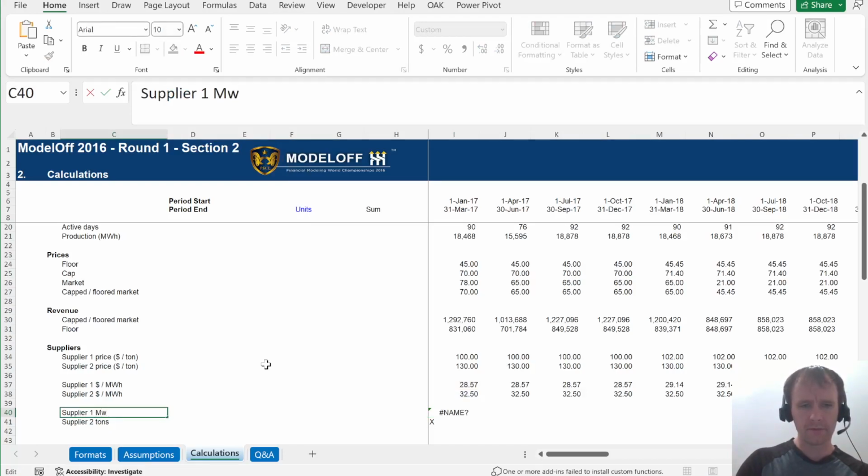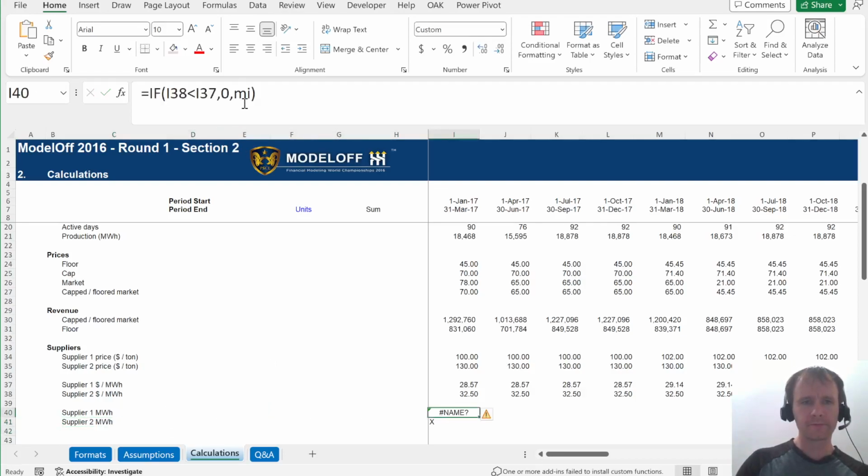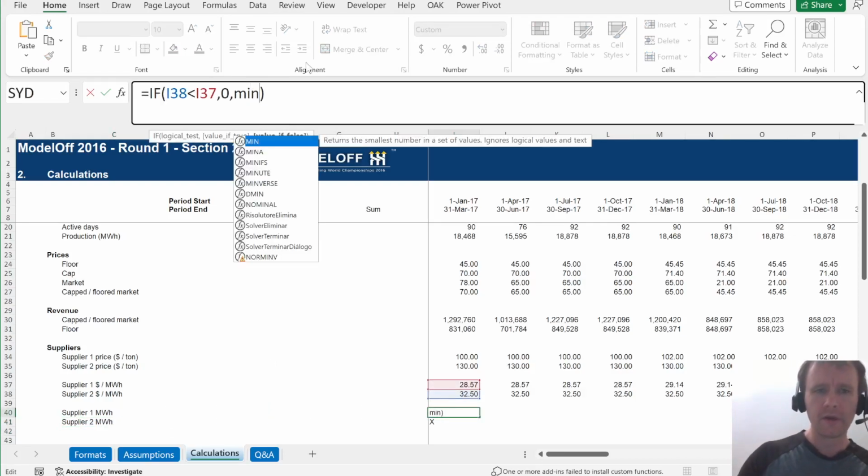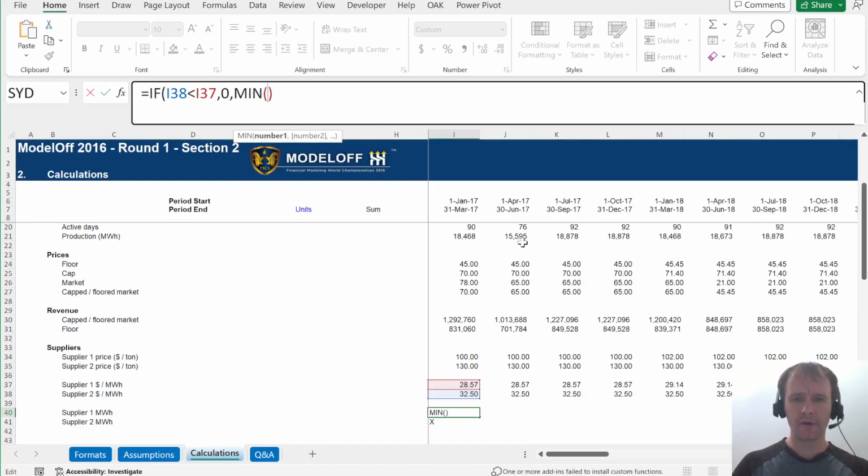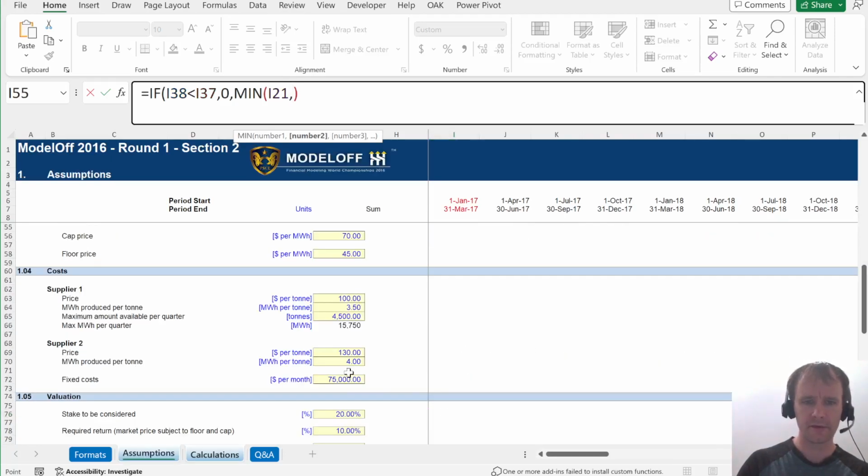What I really want to get is megawatt hours first, not tons. So if supplier 1 is cheaper, then you buy the fuel to supply as many of the megawatt hours from them as you can, which is the minimum of this and their floor.